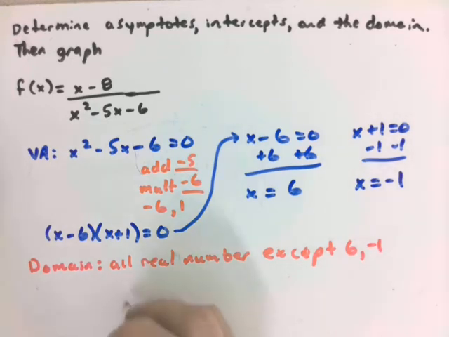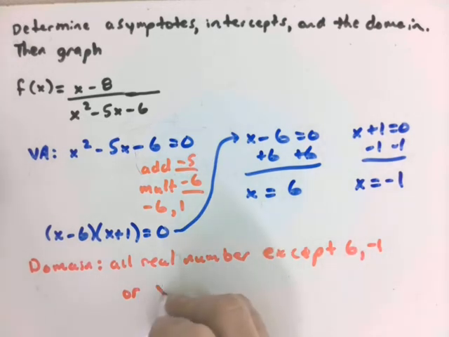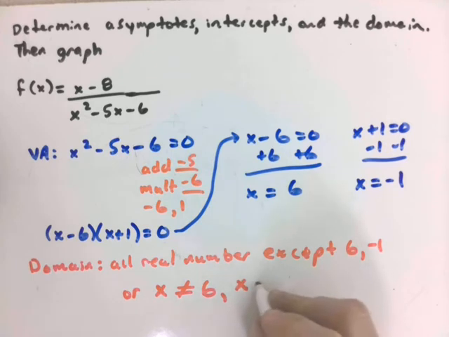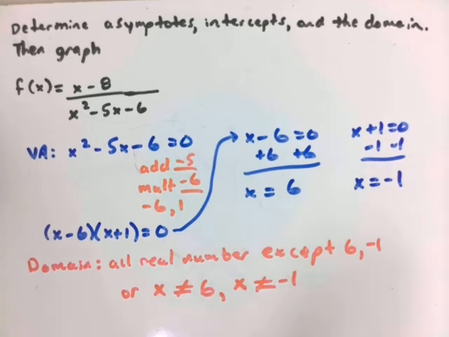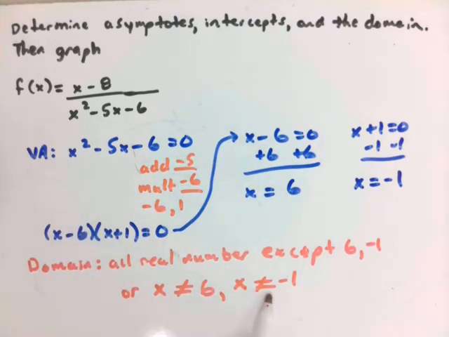But there is a more efficient way of saying that, and that is simply to take these equal signs and change them into not equals. X cannot equal 6, x cannot equal -1, but they could be anything else. So most of the time people just take the equations they have from the vertical asymptotes and change them into not equals. These two not equal to statements here mean the same thing as all real numbers except for 6 and -1. All right, let's talk about the horizontal asymptotes then.